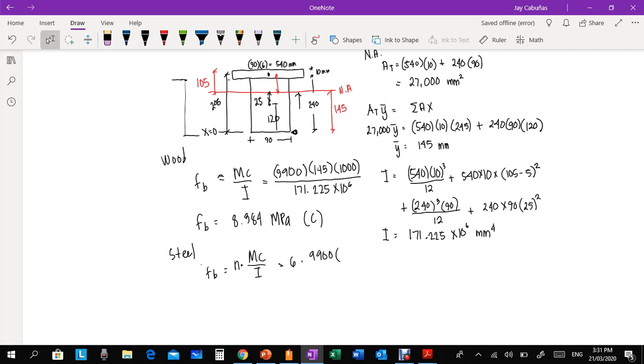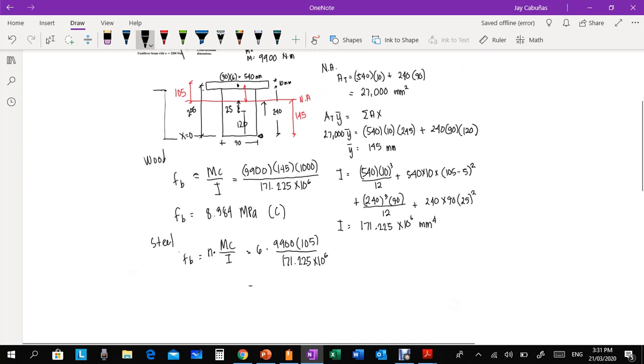M is 9,900. Now, what is the C from the top surface? This one, that is 105. That is 105 over I. Our I here is 171.225 times 10 raised to the 6. So therefore, we have FB equal to 6 times 9,900 times 105 over 171.225 times 10 raised to the 6. Take note, again, we multiply by 1,000 to convert into mm.